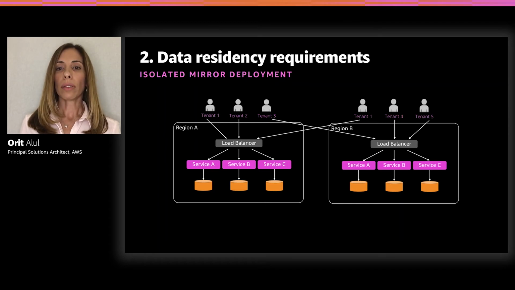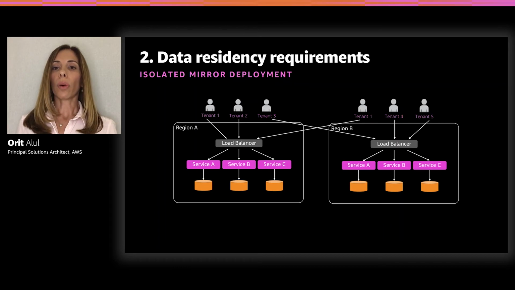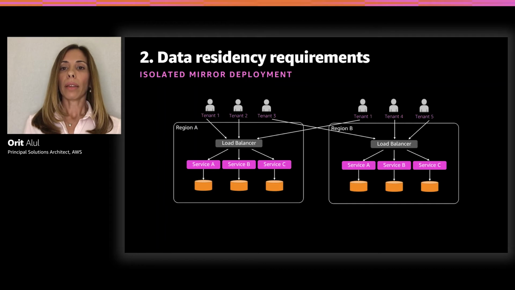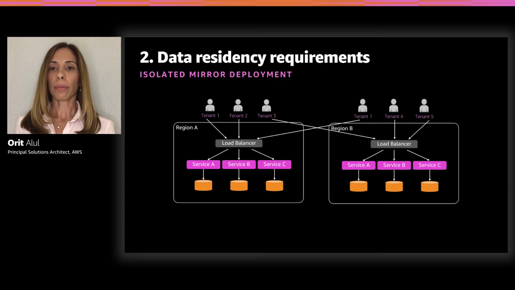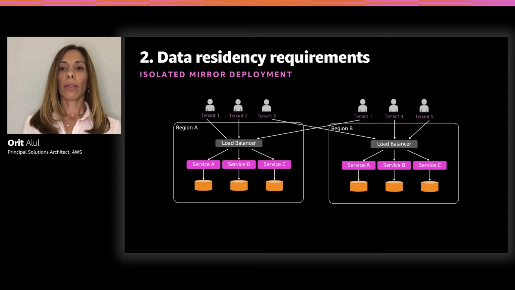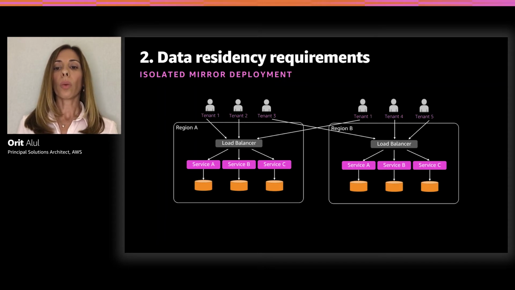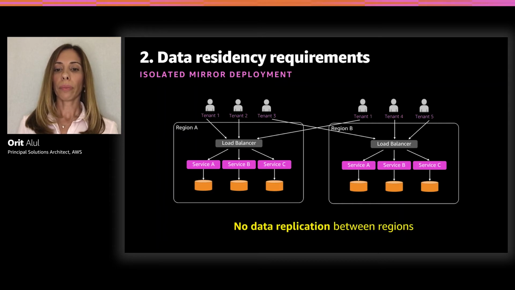In this use case, we will mirror the application deployment across the required regions, and each region will serve specific tenants based on the tenant's geographic affiliation. Therefore, in this use case, we will not replicate tenants' data across those regions.